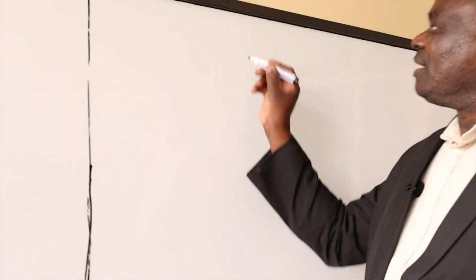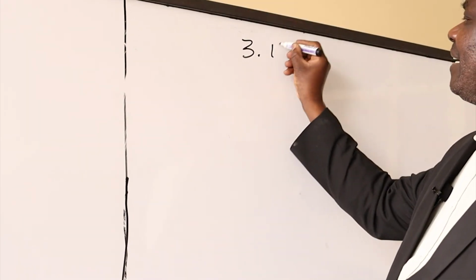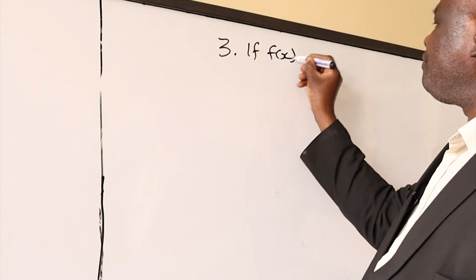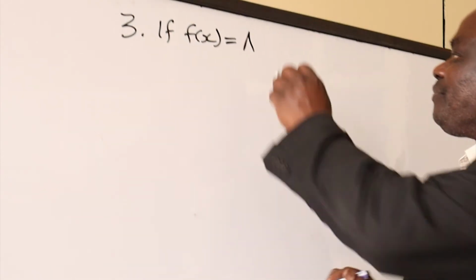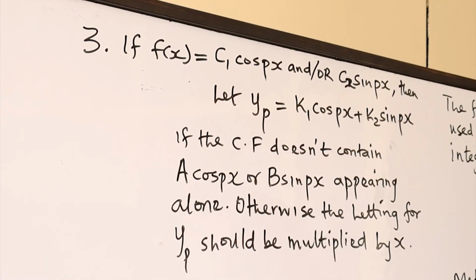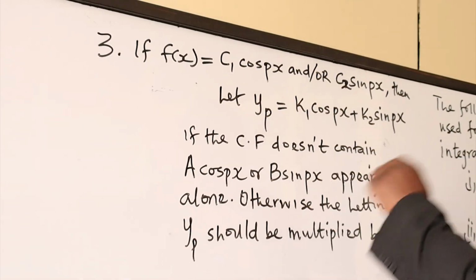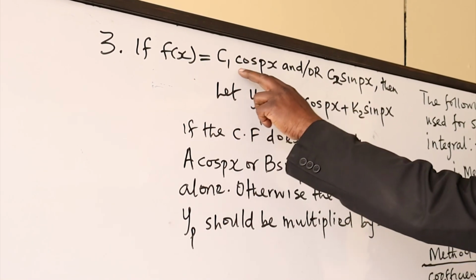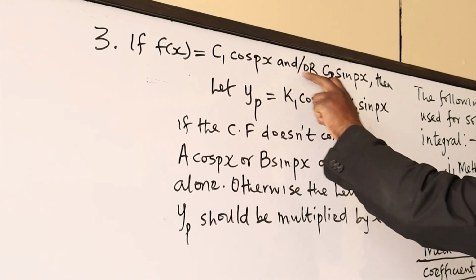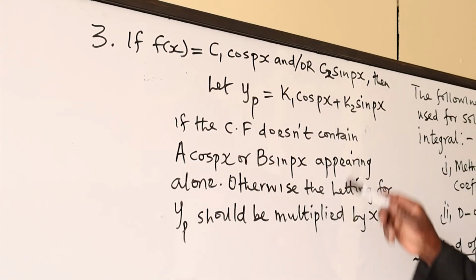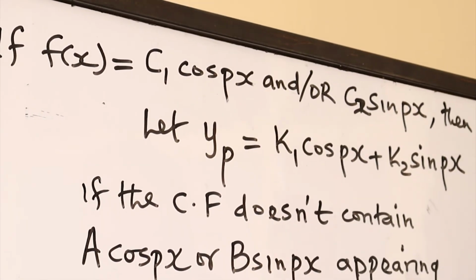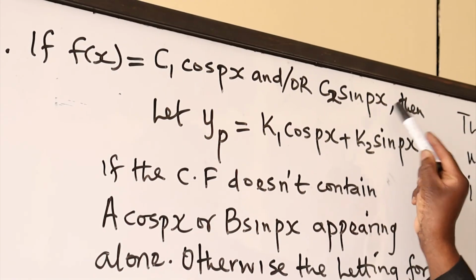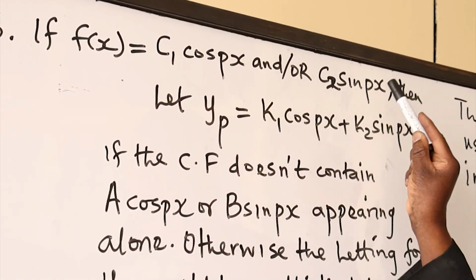We go now to number 3. In our number 3, if f of x is equal to c1 cos px and or c2 sin px, you can have a case where f of x is just a constant multiplying cos px or a constant multiplying sin px, or you add one to the other.